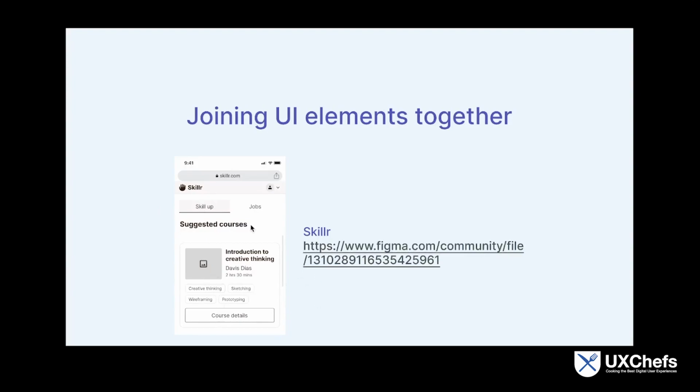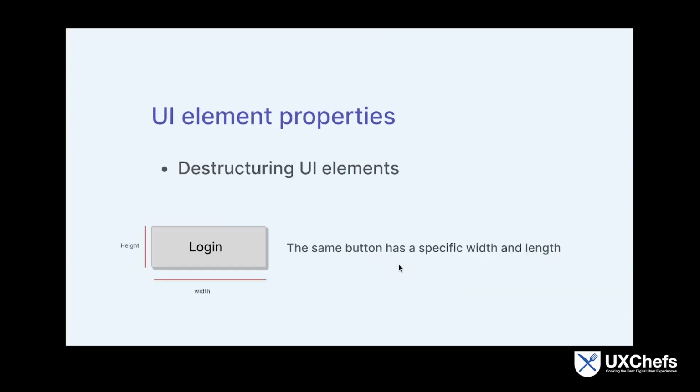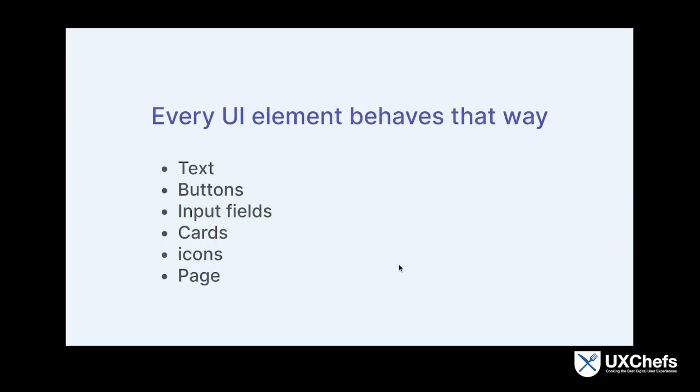For example, I got this from Skilla. Skilla is our design that I usually use to explain these specific concepts, because it's a very simple design that can enable you to understand how to destructure your UI elements, to understand them better.